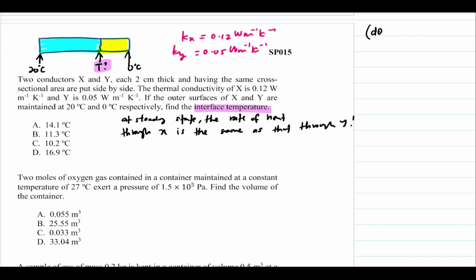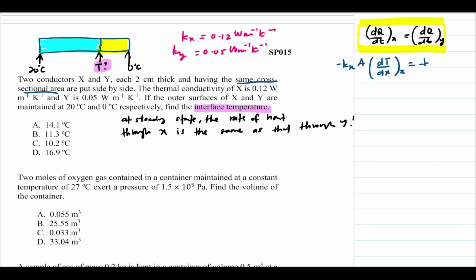Okay, dQ over dt untuk X equal to dQ over dt for Y. So kita boleh selesaikan lah. Okay, formula dQ over dt untuk X, negatif Kx. Area dia sama, soalan dah bagi tahu. Kan? Same cross-sectional area. So, dT over dx untuk X. Lepas tu kita tulis untuk Y pula.